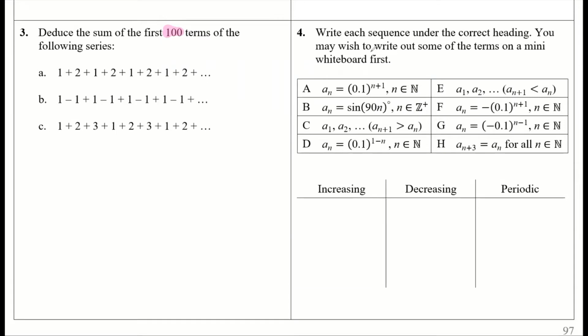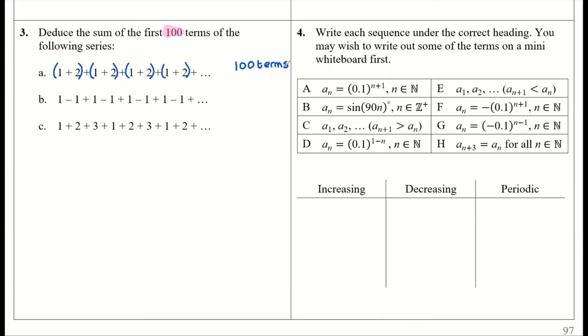So if you look at the first example, A, this series repeats every 2 terms. So I'm just going to partition the series into groups of 2. Now, if I'm doing that, then I've got 100 terms that I've got to sum over.